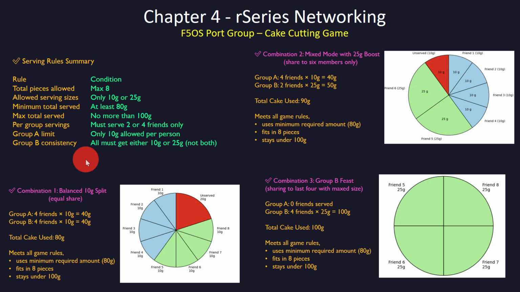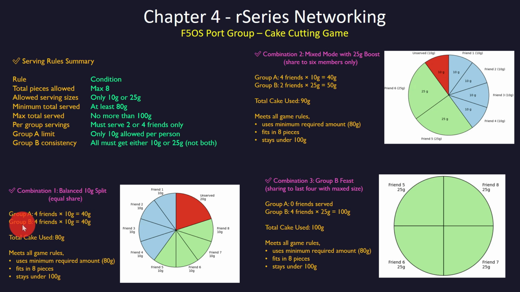Let us share the cake based on the game rules. Combination 1. We are sharing to everyone the same size. In group A, all the 4 friends get 10 gram each, so the total is 40 gram.